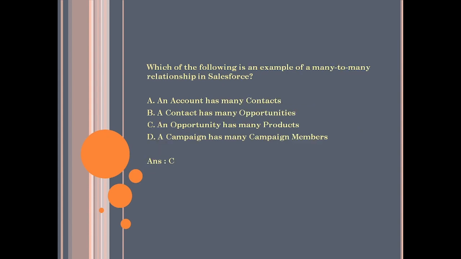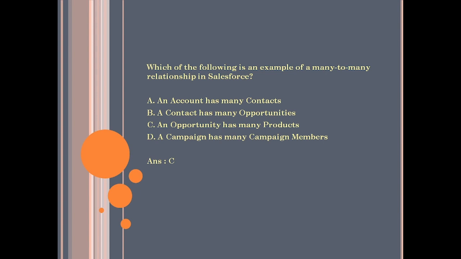The next question: which of the following is an example of a many-to-many relationship in Salesforce? There are many-to-many relationships in standard objects also. Coming to the options, the first option, an account has many contacts. We know that between account and contact there is no master-detail. It's a lookup only, but it has some hybrid functionality, a hybrid relationship between accounts and contacts.